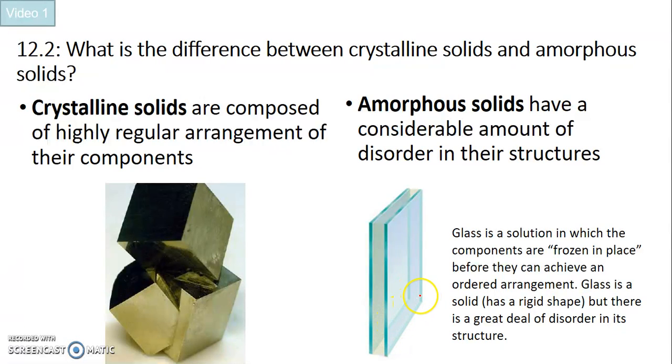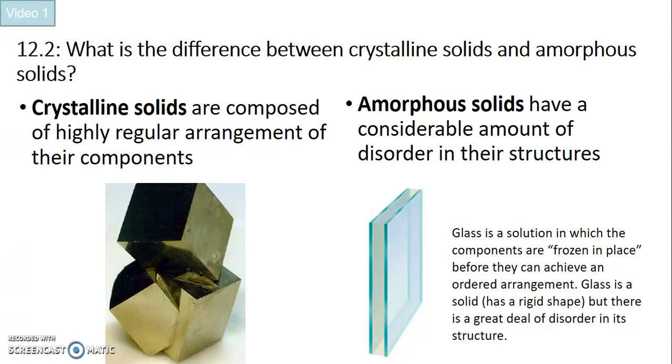That's because, although it has a rigid shape, because of the lack of organized arrangement, those particles can move around and arrange themselves in different ways because it doesn't have that highly ordered lattice structure like a crystalline solid does.